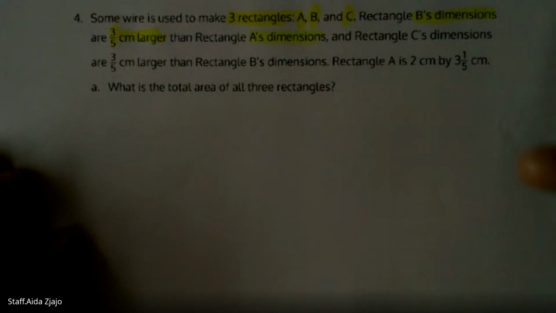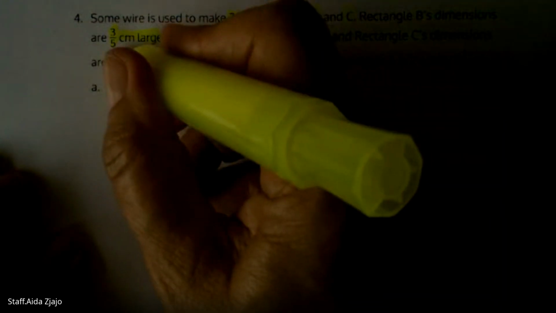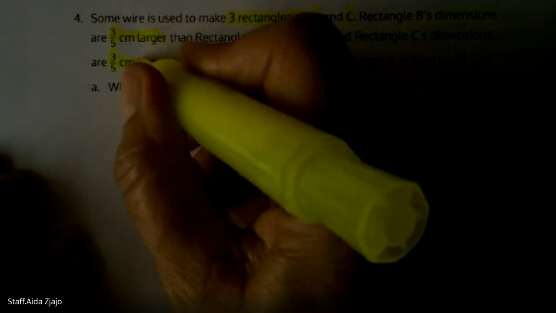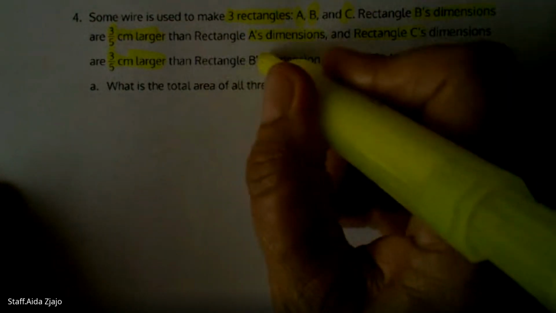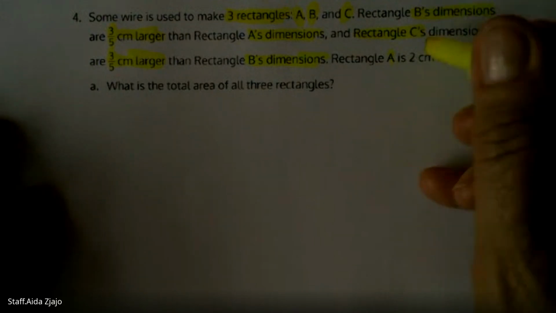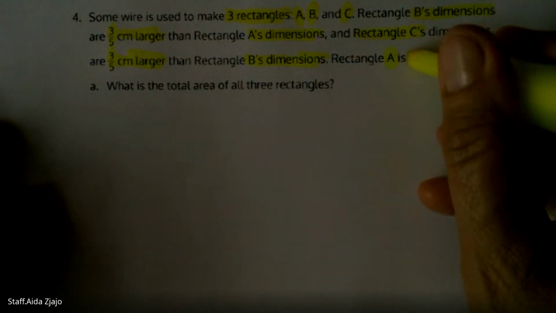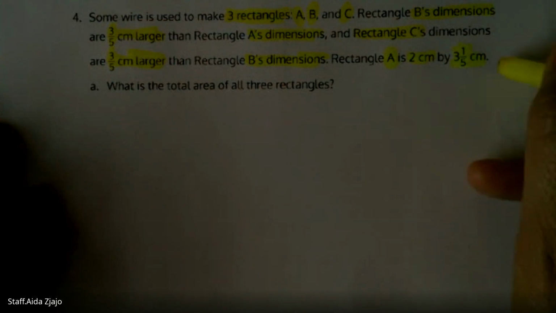Rectangle C dimensions are 3/5 centimeter larger than rectangle B dimensions. Rectangle A is 2 centimeters by 3 1/5 centimeters.